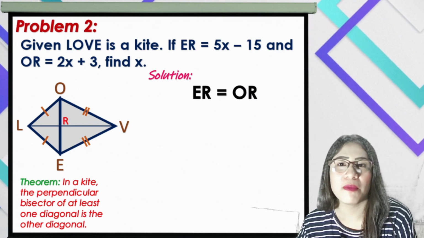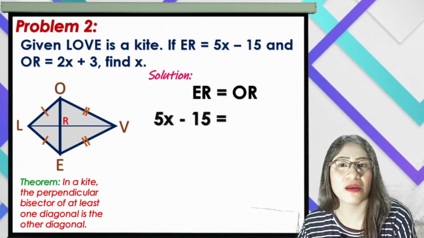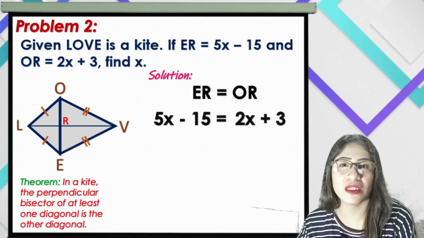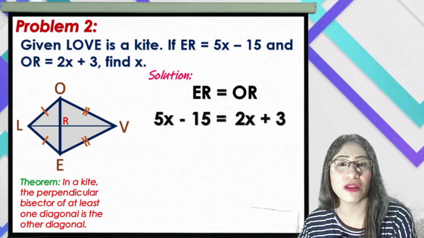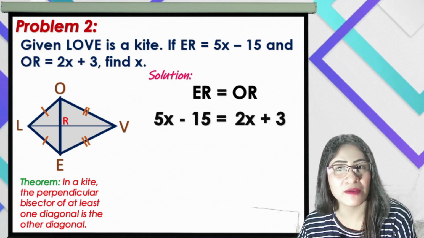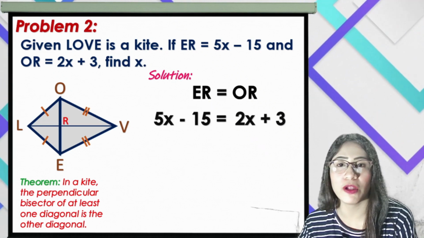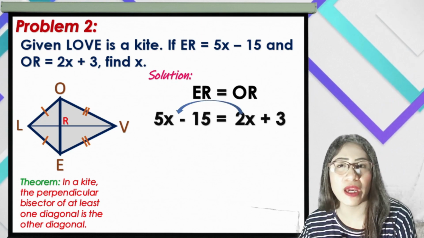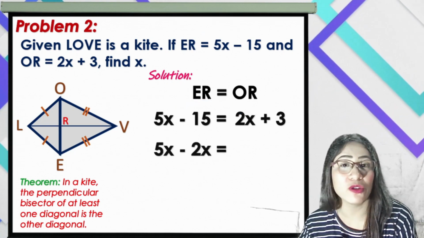The measure of ER is 5x minus 15, and the measure of OR is 2x plus 3. So we have 5x minus 15 is equal to 2x plus 3. Transpose 2x, so we have 5x minus 2x.